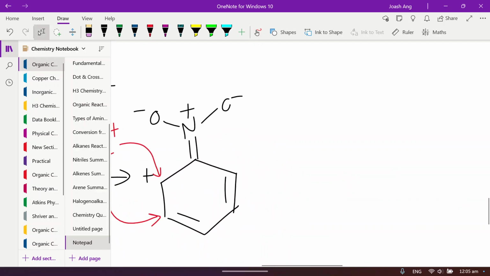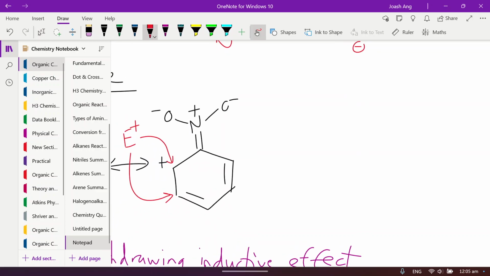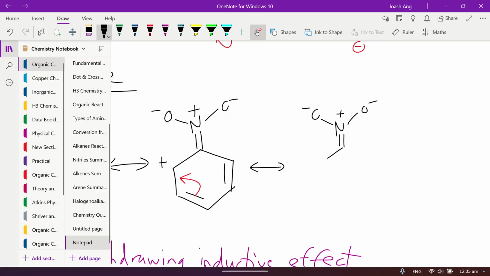I'll draw one more time to show why the fourth position is also not a good place to attack. So you can see the fourth position now is not a good place to attack.